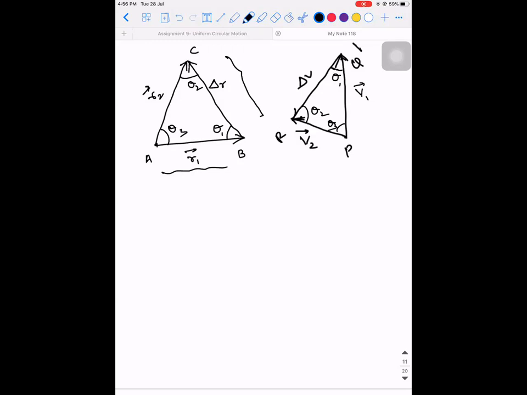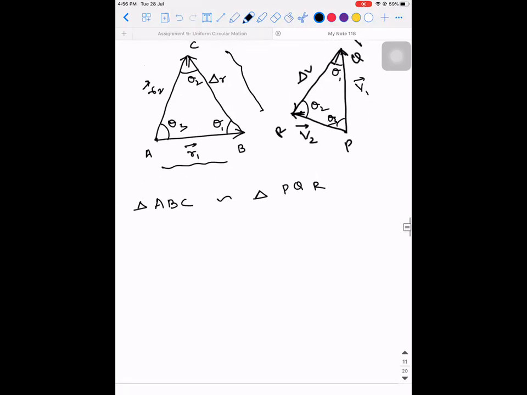So when the triangles are similar, can I say triangle ABC is similar to which triangle? PQR.